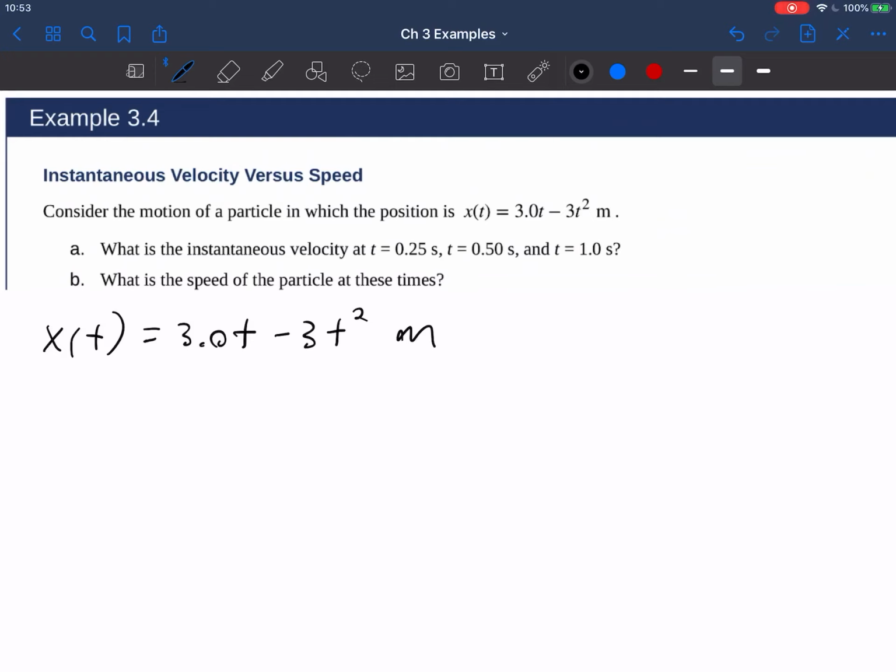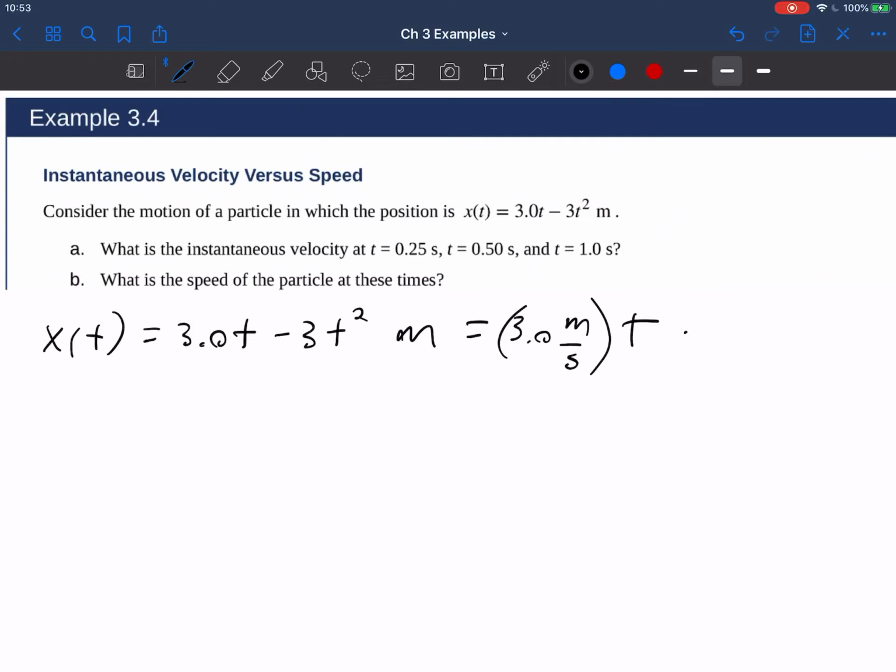I'm actually going to rewrite this formula such that it makes a little bit more sense in terms of the proper units. So I can tell that that first unit of that 3.0 constant must be meters per second, such that 3.0 meters per second times time in seconds, those seconds would cancel out, and that would give me something in meters. We're measuring a position here, it better give us something in meters.